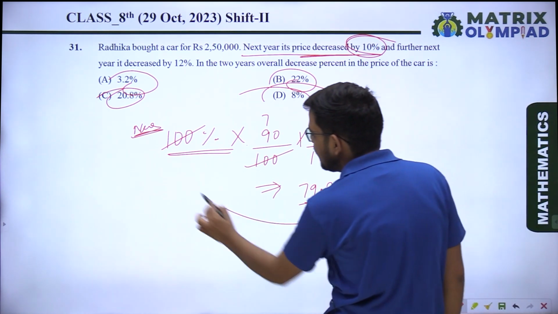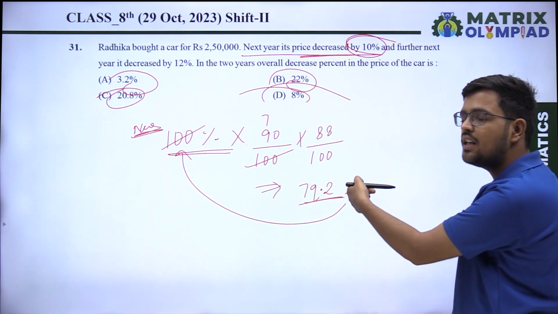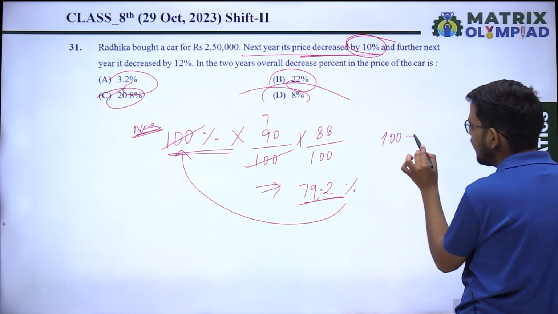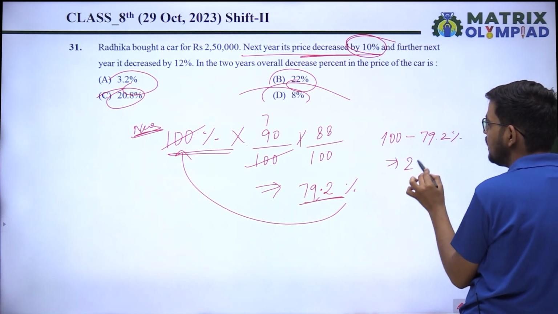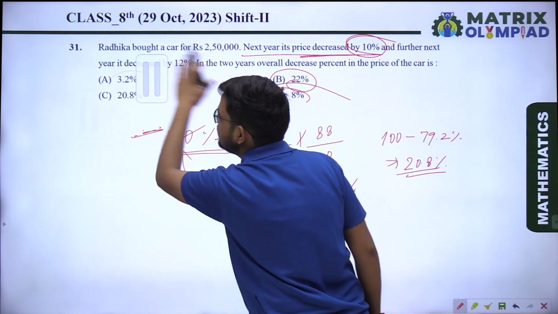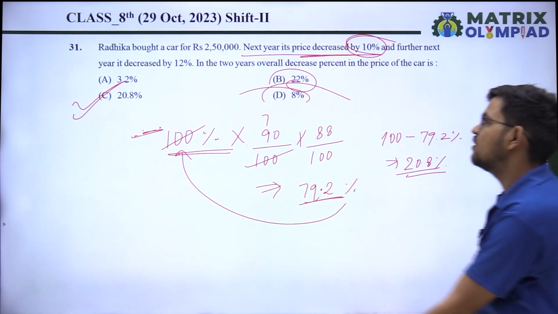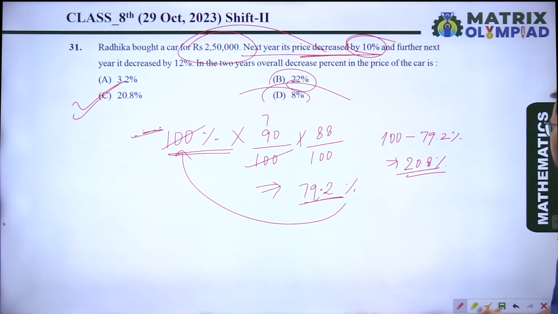In the starting the price was 100% and now the price is 79.2%. So what is the decrement? 100 minus 79.2%, that is 20.8%. Option C, 20.8% is the correct answer. There is no need to carry the price at new condition.